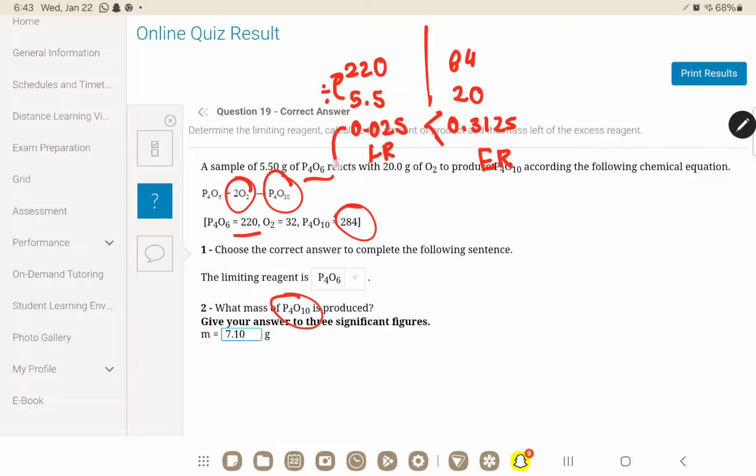Then you take the limiting reagent ratio and multiply it with this. You could do RRGR with the limiting reagent. I prefer to take your ratio, which is the number you get, multiplied by 284. So 0.025 times 284 gives us 7.1, with 3 significant figures, 7.10.